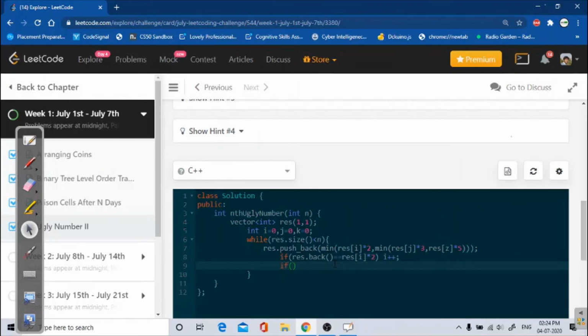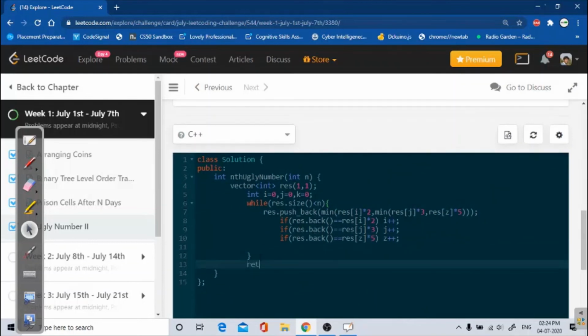In the same way I will also check for j and k. For j it will be multiplication by 3, so j plus plus, and for k it will be multiplication by 5, so k plus plus. At the end I will just return the last, nth index, n minus 1 index here. So I will just return result.back.